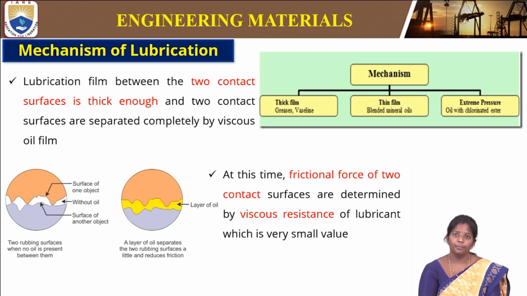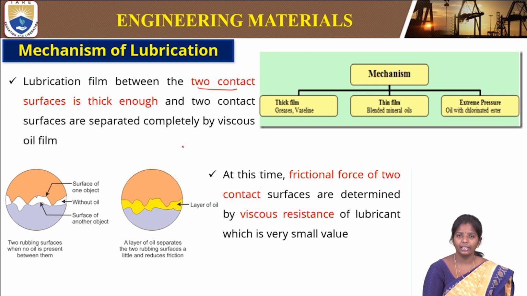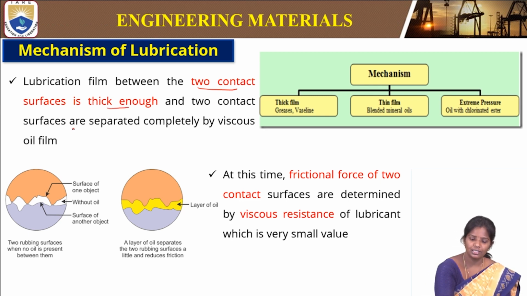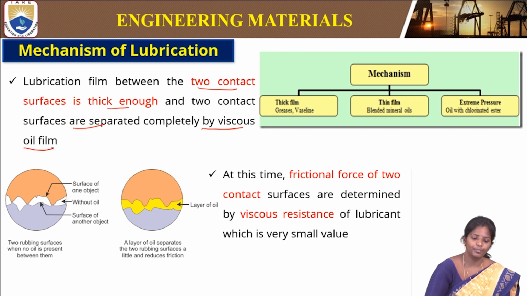Then comes the mechanism of lubrication. So what really happens during lubrication, that is, whenever the lubricant is applied on the metal surfaces. The lubrication film between two contact surfaces is thick enough, and the two contact surfaces are separated completely by this viscous oil film.